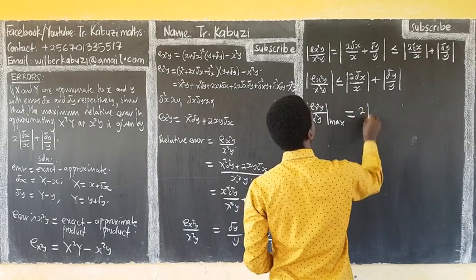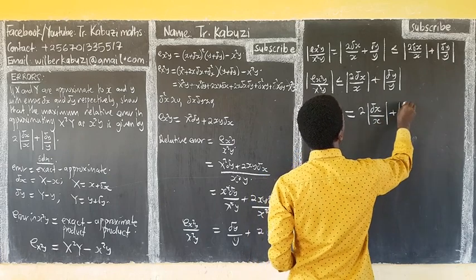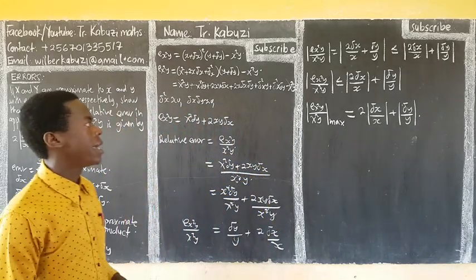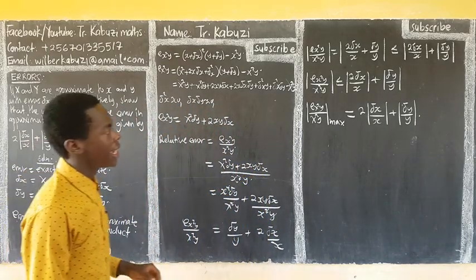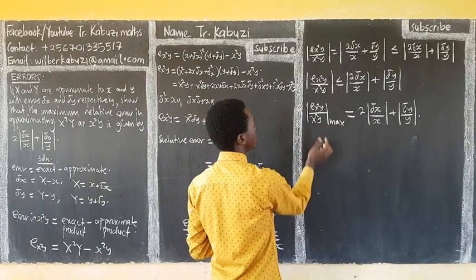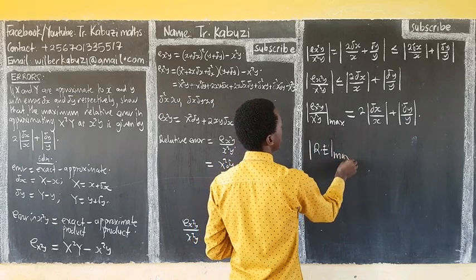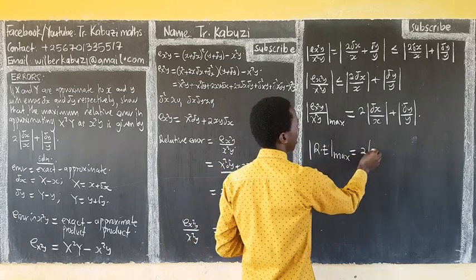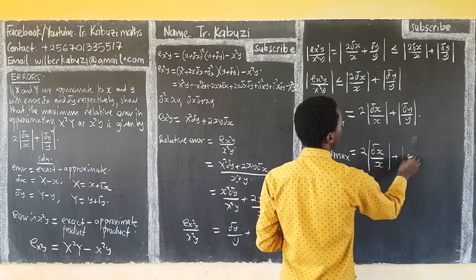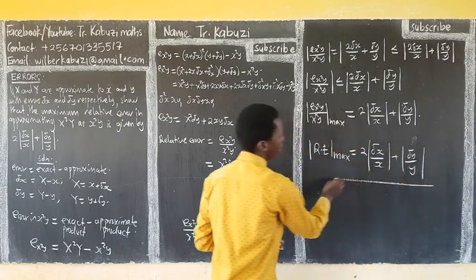Remember this 2, we can take it out because it's already positive. So that will be our proof as you see it there. This is the maximum relative error. Remember, the whole of this is relative. So our relative error max is equal to 2 delta x over x plus delta y over y. That will be our maximum.